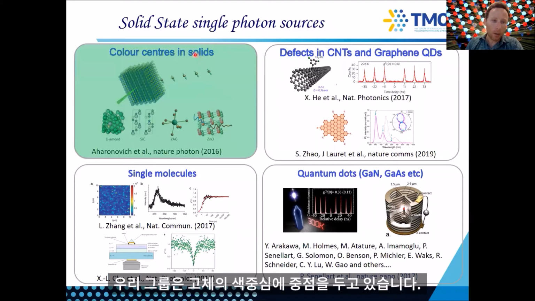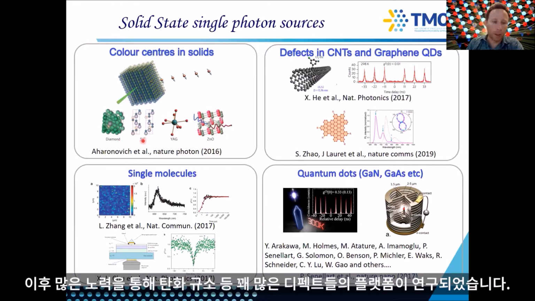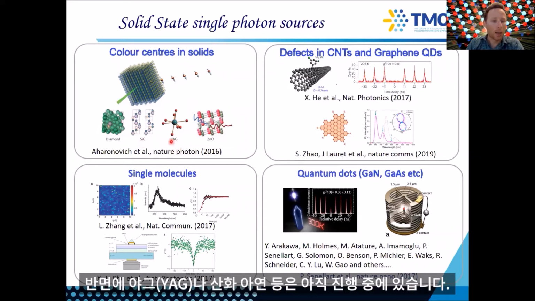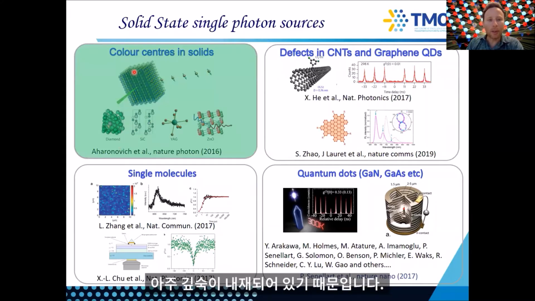Now, our group's interest lies within the color centers in solids, and that's where the NV center in diamond really pioneered the field. Since then, a lot of effort has been made to study other platforms like silicon carbide, quite a few defects, rare earths in YAG crystals, and some other outliers like zinc oxide. This system is great because the defects are embedded very deep within the bandgap.